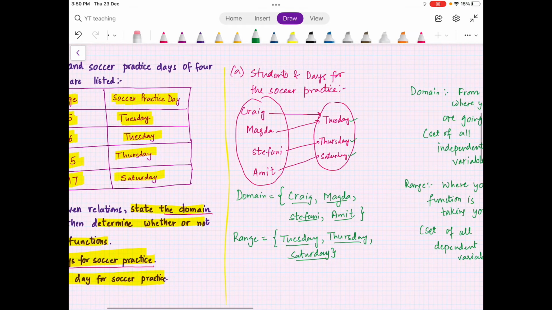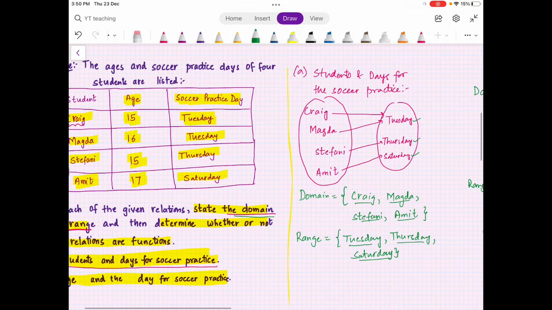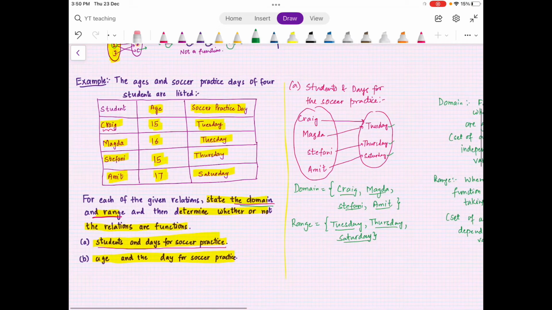Okay, so here the question was you have to find the domain and the range. That we did. And now the question is whether this relation is a function or not. See here, corresponding to the first independent variable Craig, we have only one dependent variable, that is Tuesdays. Corresponding to Magda, we have only one dependent variable, that is Tuesdays again.